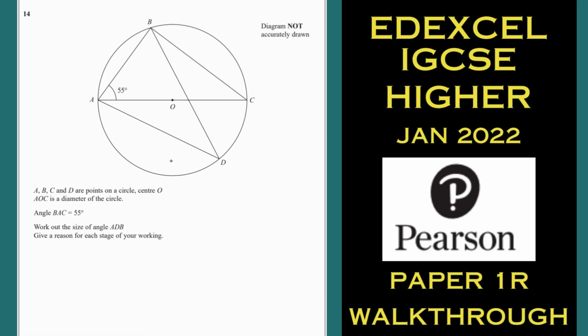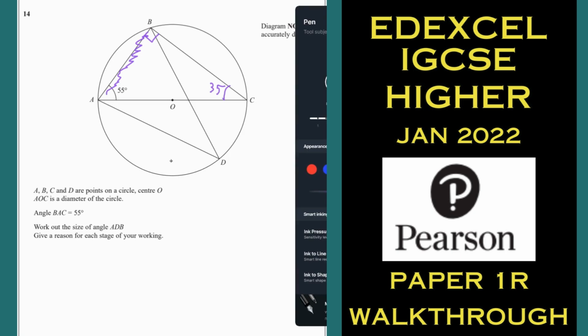So firstly, the angle ABC is 90 because it's an angle in a semicircle and that's a right angle. And then using angles in a triangle make 180, we know that that is 35. And this extra line, if you ignore that now, this shape here, let's go to a different colour.